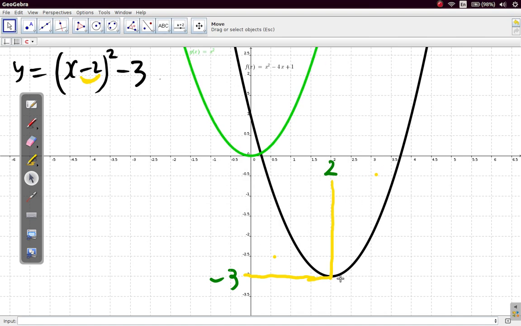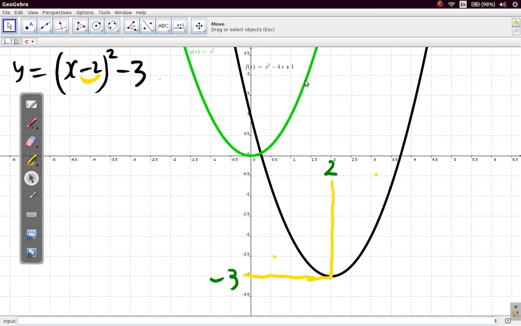The black graph is the graph of y equals x minus 2 squared minus 3. Now, the minus 2 inside the bracket shows that the graph x squared is shifted 2 units to the right. And the minus 3 outside shows that the graph x squared is shifted 3 units down.